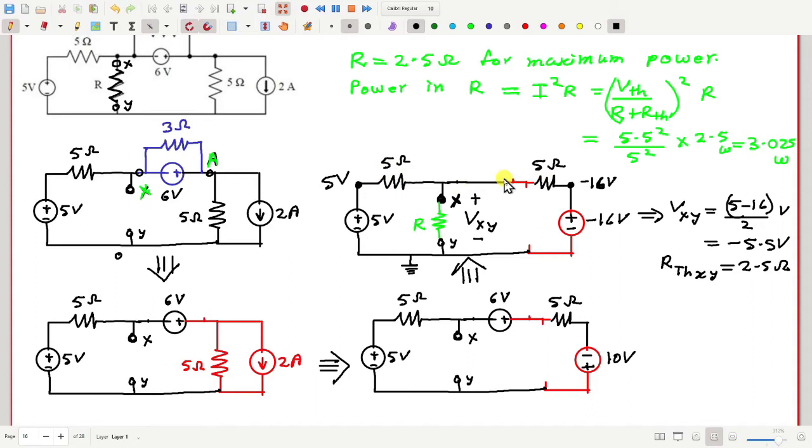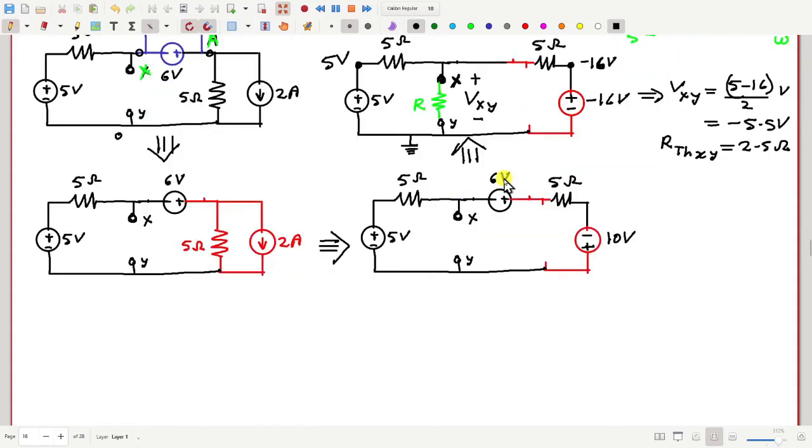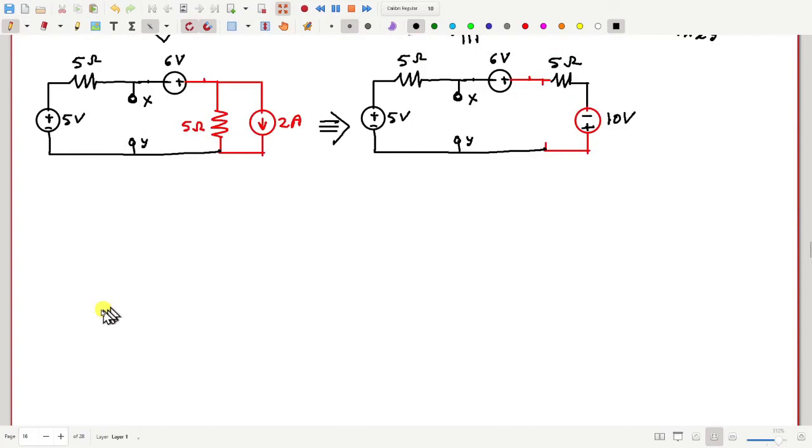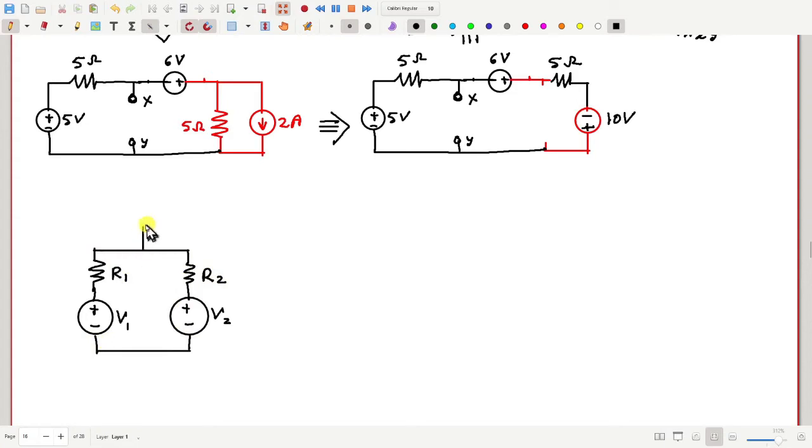Hello? Yes, sir. Can you elaborate more? Yeah, sure. Okay, then let me do this. Suppose we have two sources, call them V1, V2, and resistances R1, R2. Then how much is the potential between A and B?